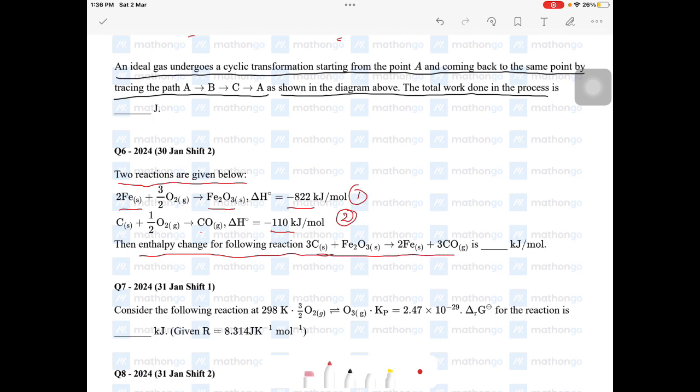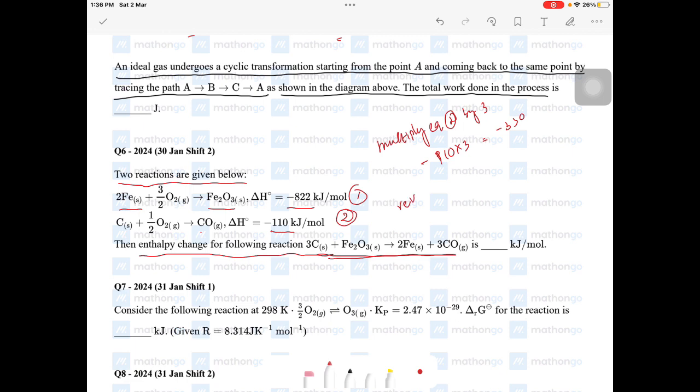To get this reaction, multiply equation 2 by 3, then we get minus 110 into 3, that is minus 330.